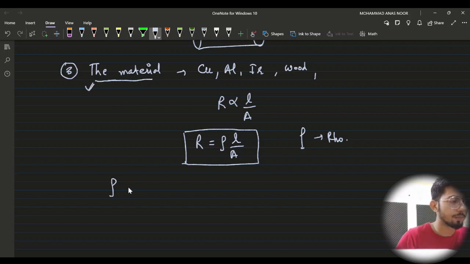So this is how you can find the resistance using the length, the area of cross section and the rho of a material.